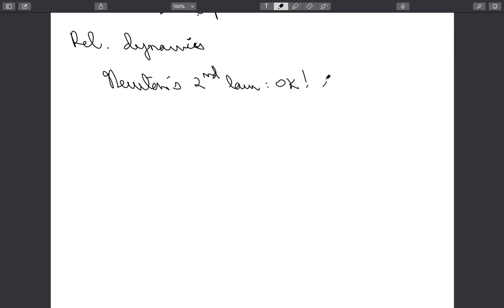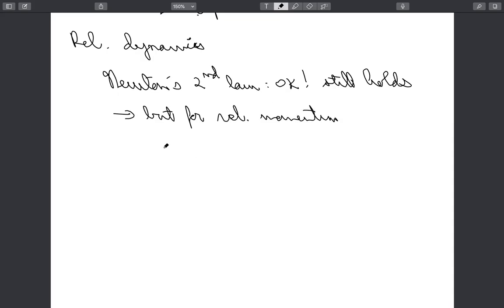It still holds, provided we use the relativistic momentum.